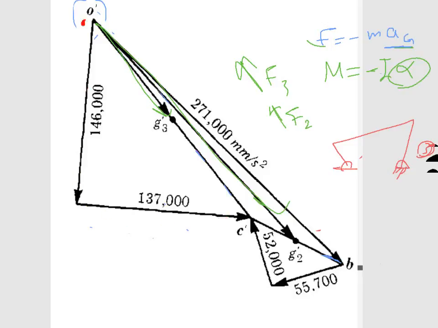If I take this as my pivot, the tangential gives me counterclockwise. So the direction of alpha will be clockwise. So this long story, I will give you a brief and very easy way.